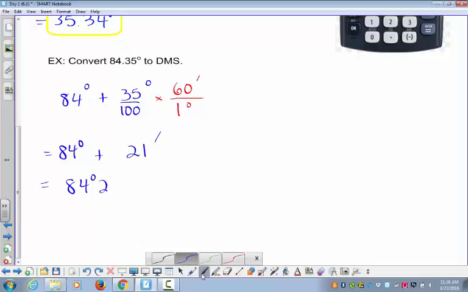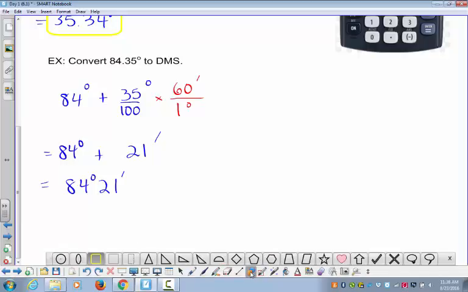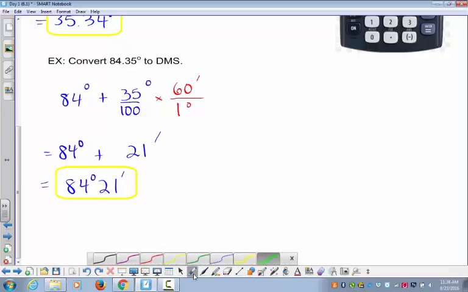There's no seconds in this case. The units here are minutes, because we're canceling out our degrees. So 35 times 60 divided by 100 gives 21 minutes.